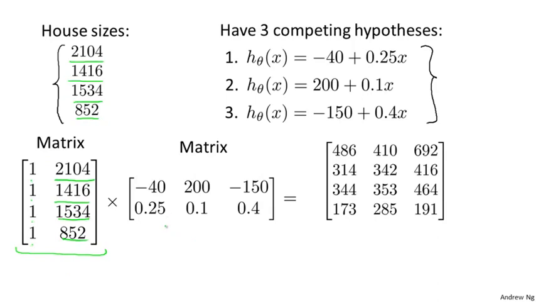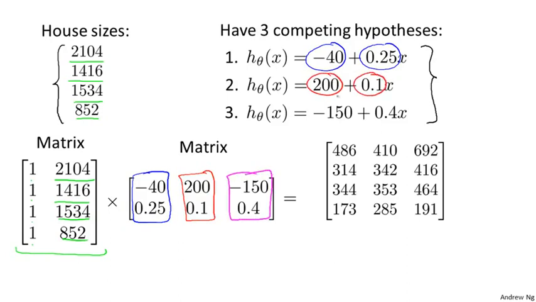And what I'm going to do is construct another matrix where here the first column is this minus 40 and 0.25, and the second column is this 200, 0.1, and so on. Okay? And it turns out that if you multiply these two matrices, what you find is that this first column, let me draw that in blue.